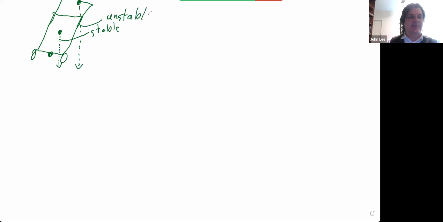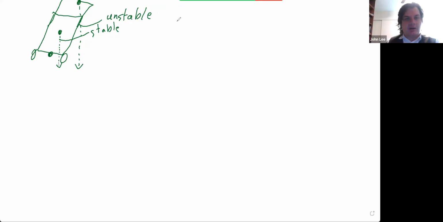So basically, what you need to know is what side of the base of the system a torque is going to be in. So where is the center of gravity going to be pulled down? If it's on the inside of the wheels or the inside of the base, then it's stable. If it's on the outside of the base, then it's unstable.